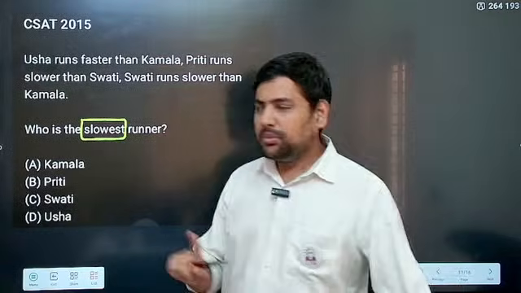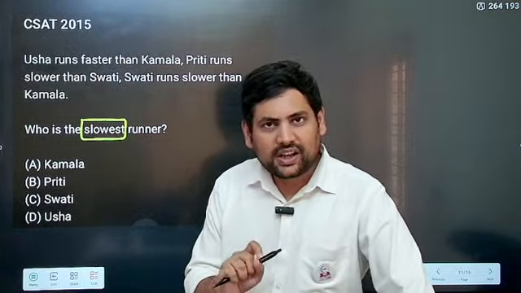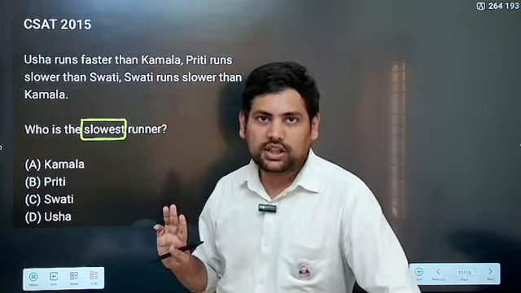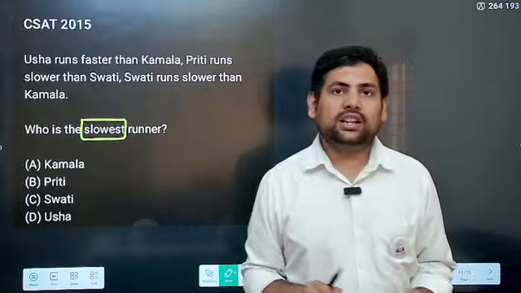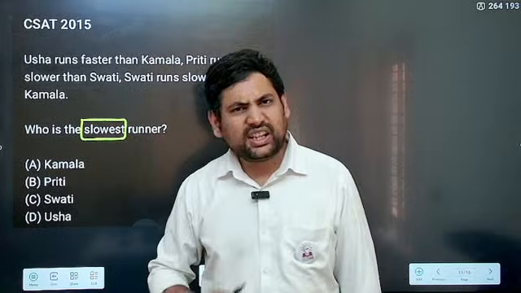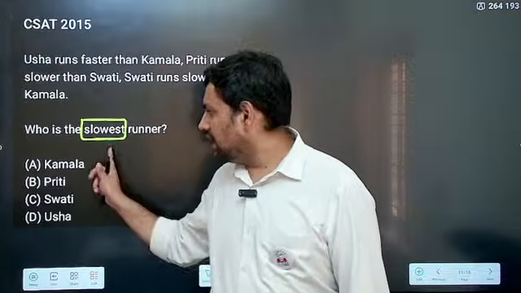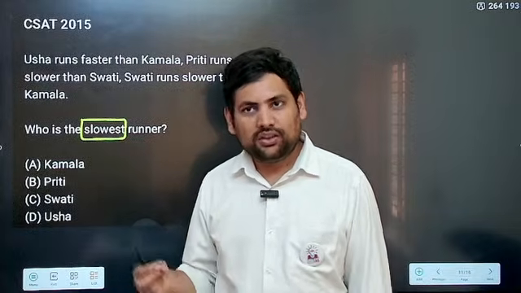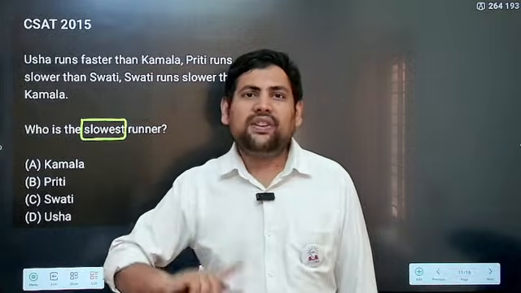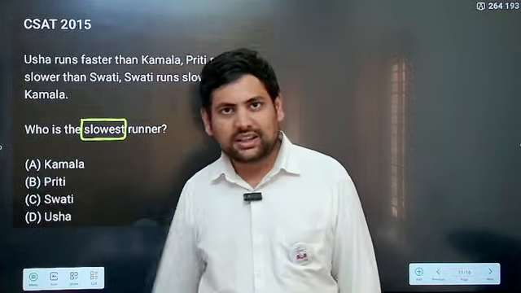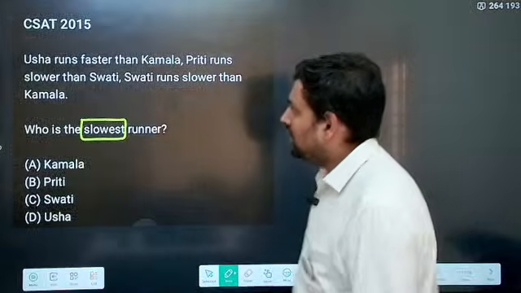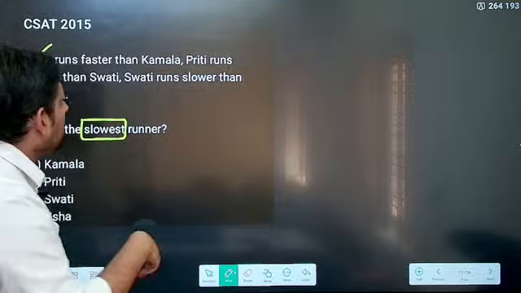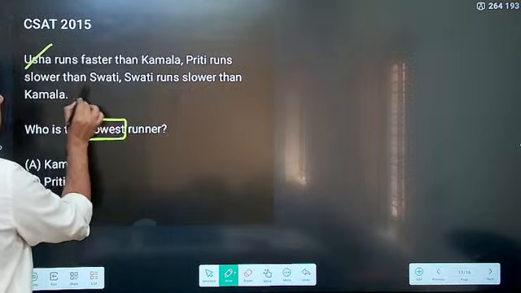Now, if anybody is running faster than, let's say, even one single person, for sure he is not the slowest. The slowest person will be coming last. If this person is faster than anyone, then he's gone. He cannot be the slowest one. Correct? So I just keep finding all those people who are faster than at least one person, and I just cancel them out. So now I start. It says Usha runs faster than Kamla. So she's faster than Kamla, gone. Then Preeti runs slower than Swati.